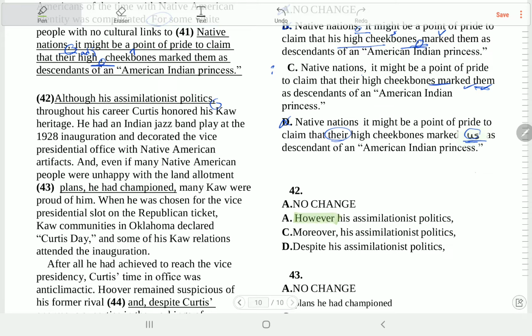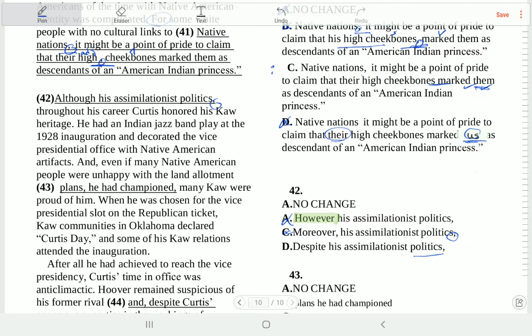However, here we need a comma after however. Comma. Transitions. We need a comma. Now moreover his assimilationist politics. It doesn't make any sense here, moreover. So what then? Either although or despite. What's the difference between them? I explained it before. Although takes subject and verb. Although the test was difficult, the test was difficult. Despite plus noun, despite plus verb plus ing, despite the heat, despite the weather.